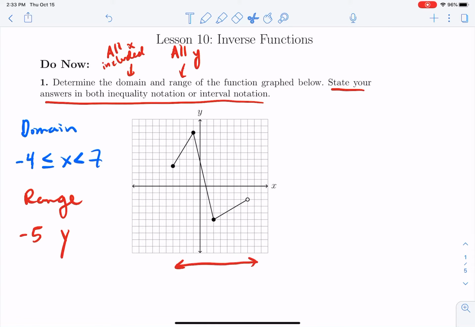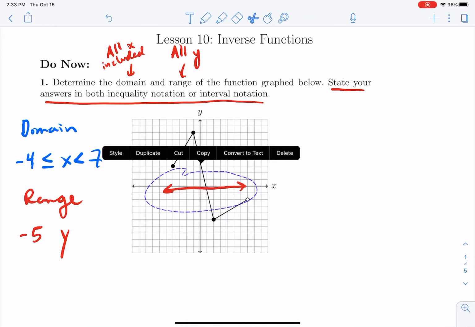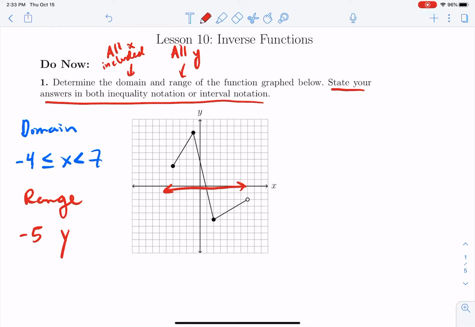And it is. So I'm going to write -5 is less than or equal to y. Now the maximum point, or the largest point, occurs here, and that is at 8. Because that circle is filled in, I'll write less than or equal to.